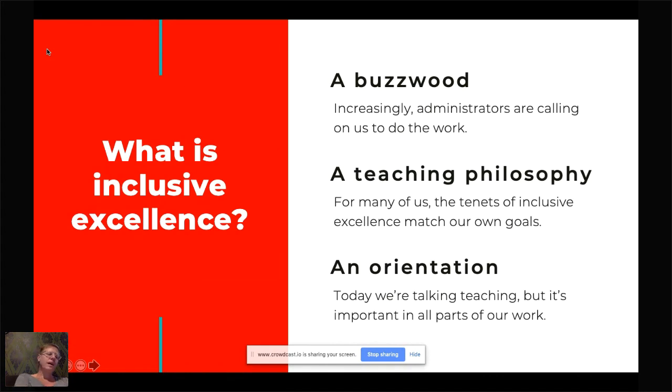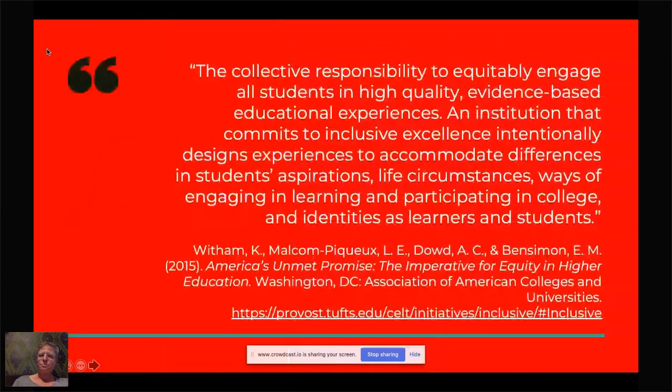And it's also, I think, an orientation, a way of understanding our work, not only in the classroom, but outside of the classroom, a way of understanding that inclusive excellence is about how we approach research, but also service, teaching. Everything we do is about making sure that our work is accessible to as many people as possible.